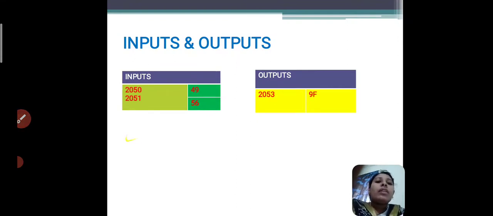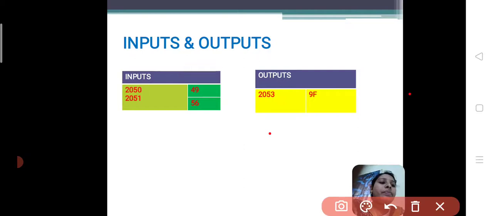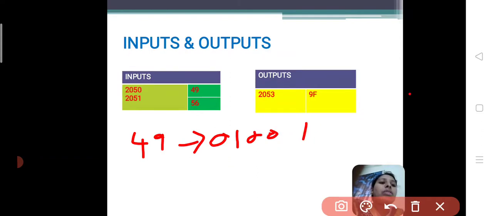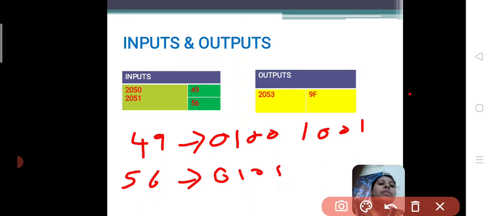For this 49 I will write it as a binary number. 4 is 0100 and 9 is 1001. Next, 56: 5 is 0101 and 6 is 0110.